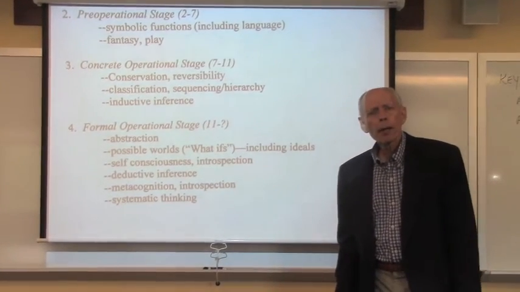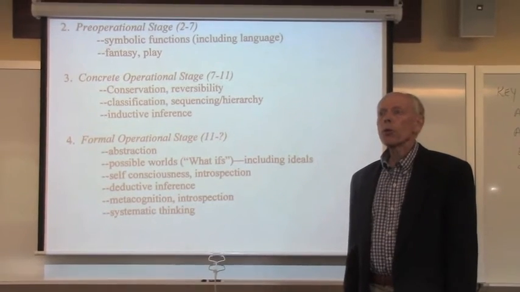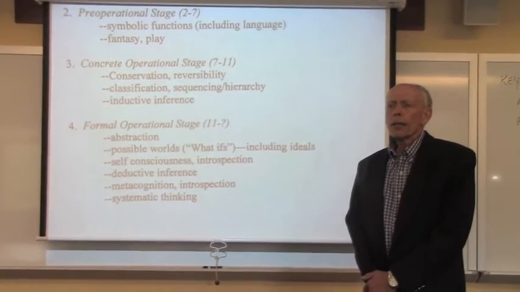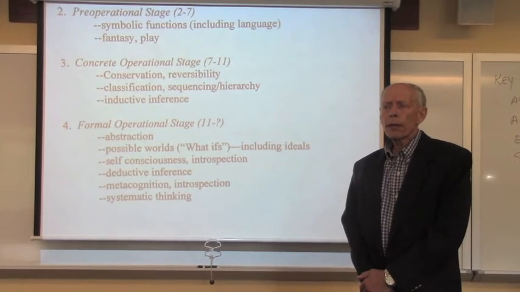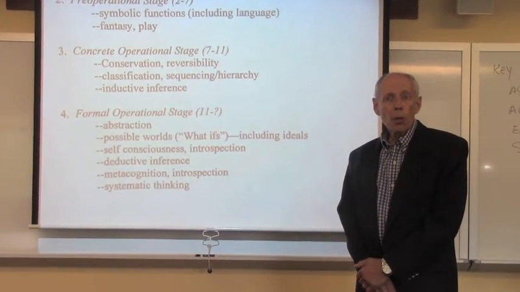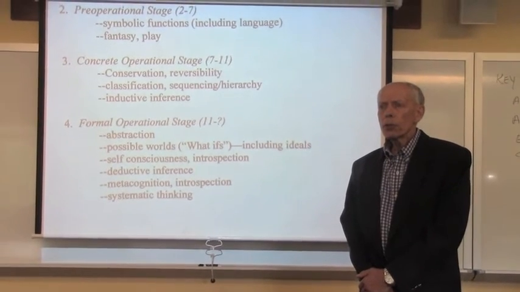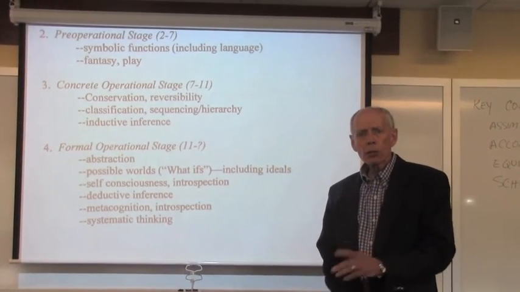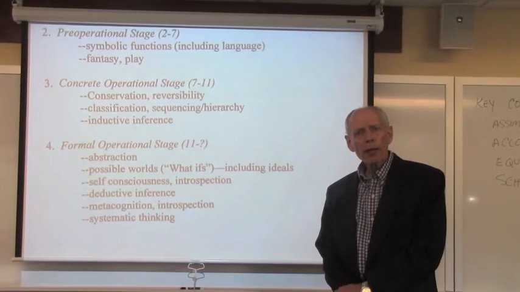Also, kids get better at what-ifs. In other words, you were able to say, suppose history had been different, what would have changed? Or what if, in the future, something like X occurs? What would then happen as a result?